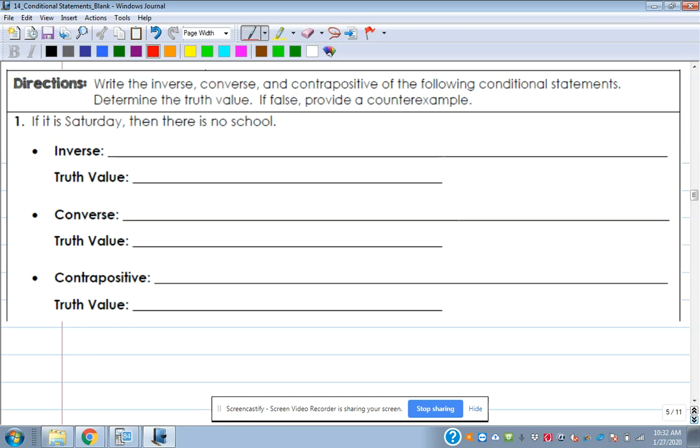So the inverse does what to both the hypothesis and the conclusion? Negates. So the new statement would be, if it is not Saturday, then there is school. What's the truth value of that?